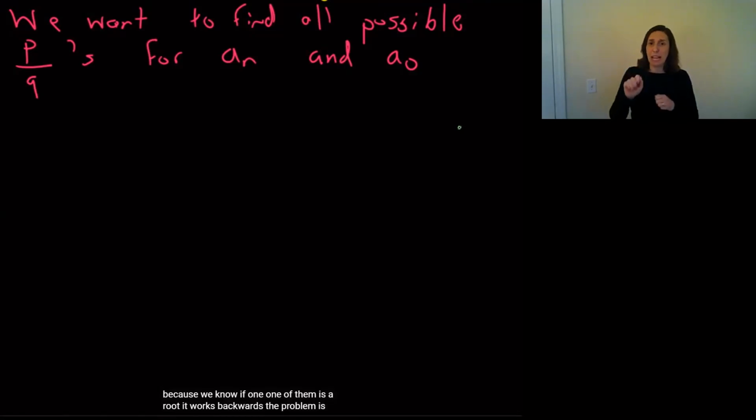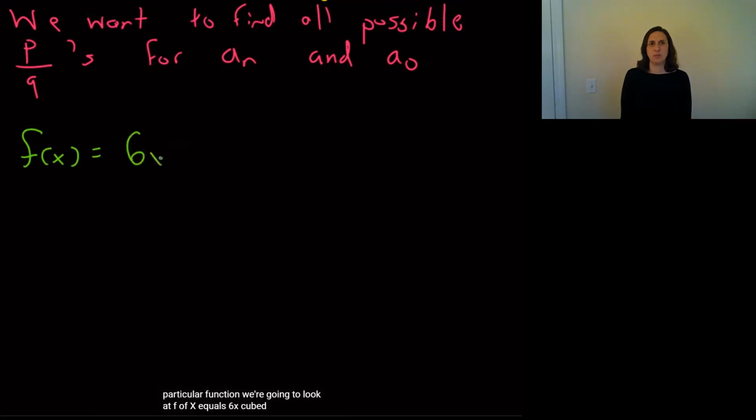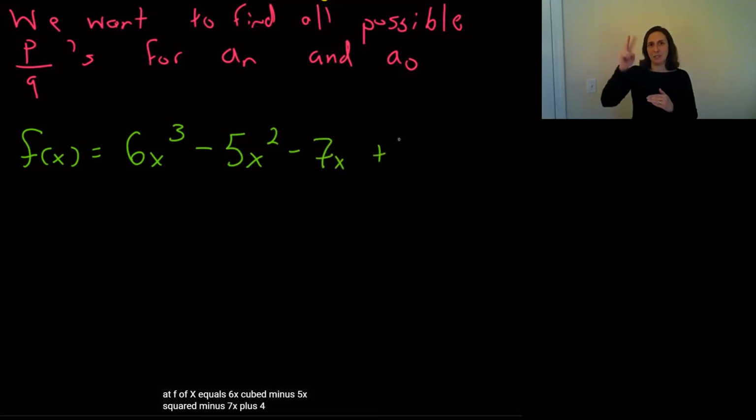The problem is there are more possibilities than there are correct answers. So let's look at a particular function. We're going to look at f of x equals 6x cubed minus 5x squared minus 7x plus 4.